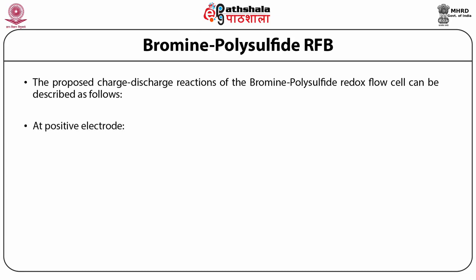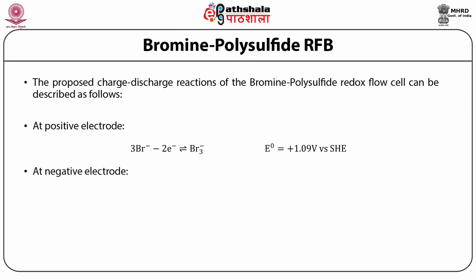The proposed charge-discharge reactions of the bromine-polysulfide redox flow cell can be described as follows. At the positive electrode, 3Br- minus 2 electrons charges or discharges to give Br3- with E0 equal to +1.09 volt versus SHE.